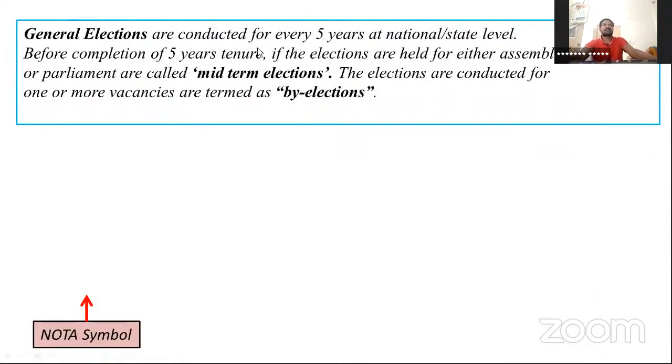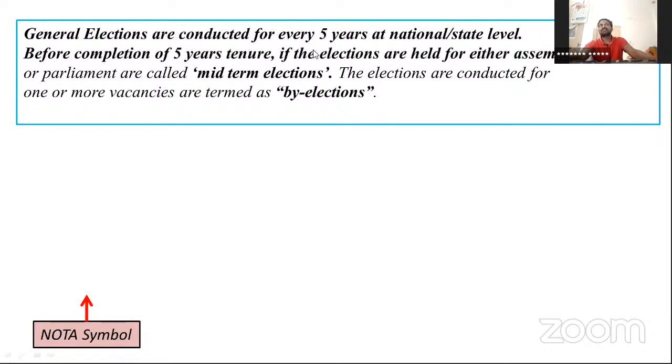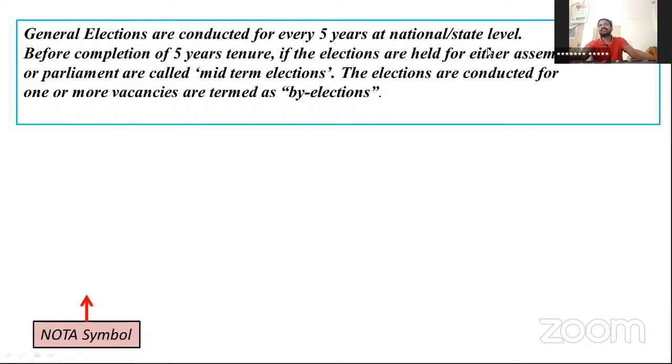See this, general elections. What are general elections, by-elections, midterm elections? There is a definition given here. Look at this carefully, all of you. General elections are conducted every 5 years at national and state level. Every 5 years, we conduct general elections to the Lok Sabha and to all the state legislative assemblies.